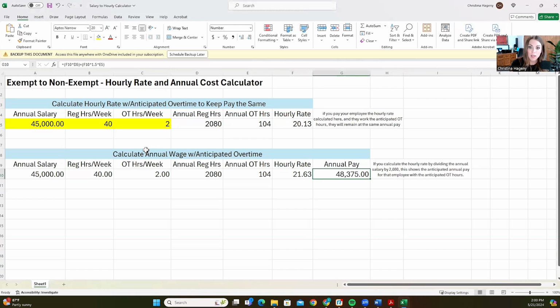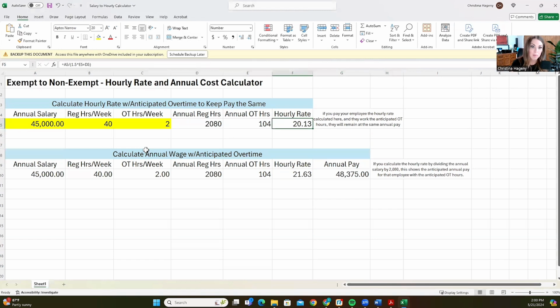But then the annual pay is $48,375. So in this scenario, with an employee working on average 2 hours of overtime per week, they will make an additional $3,375 per year.